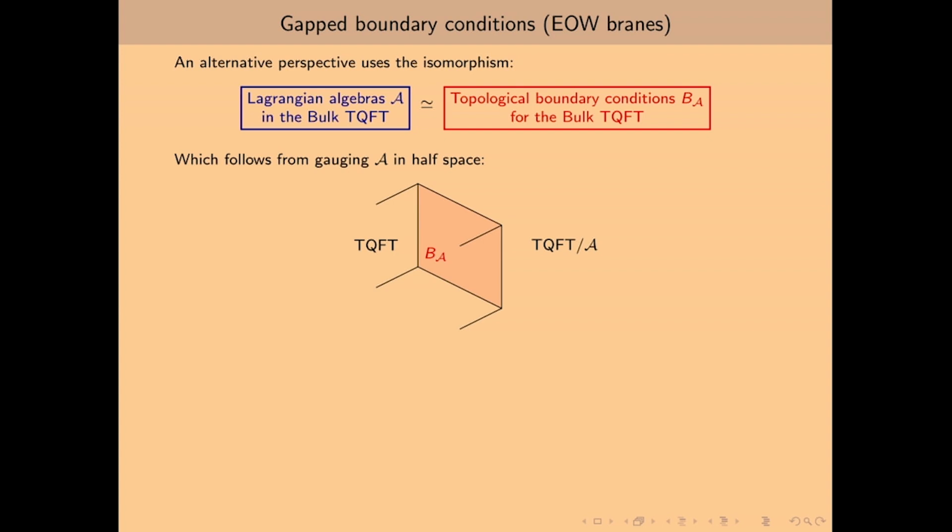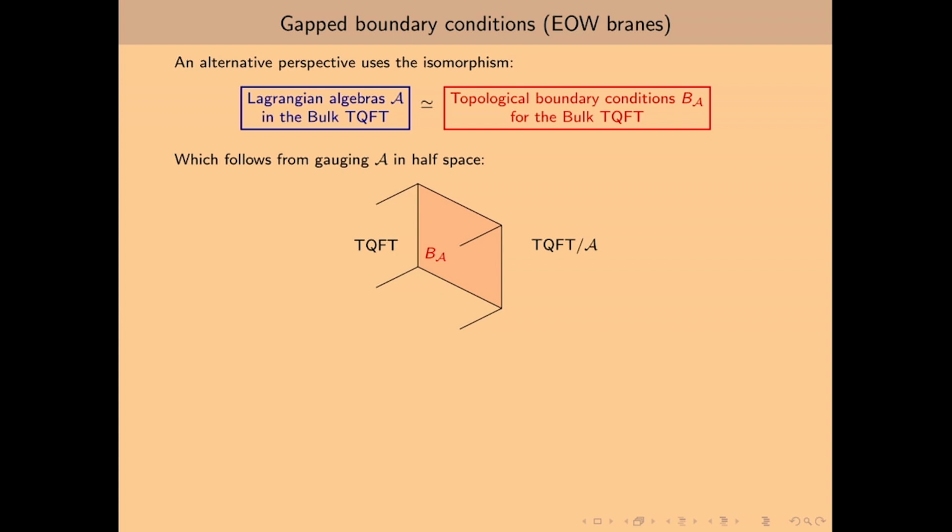So here I have my theory, and here I gauge the symmetry A. I told you here is trivial, the theory has only one state, so you can think there is nothing. And the whole setup is topological, so this guy will be a boundary condition for the TQFT, but a topological one. And of course, every time I have some Lagrangian algebra, I can do this, so the isomorphism is the following.